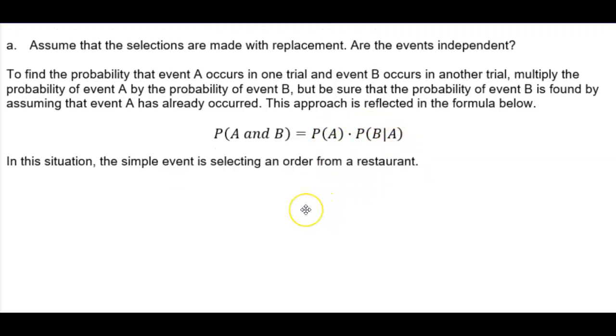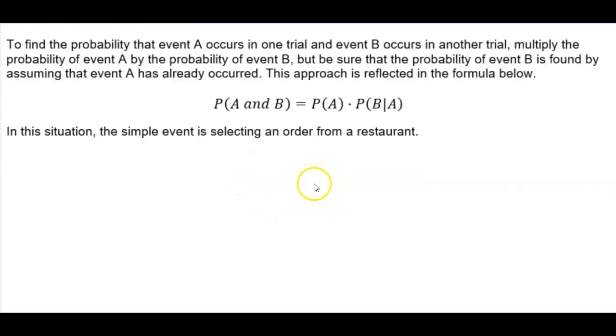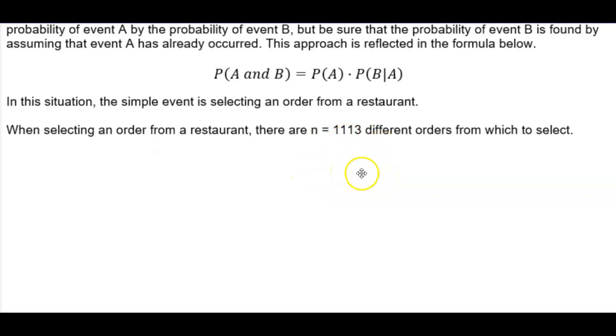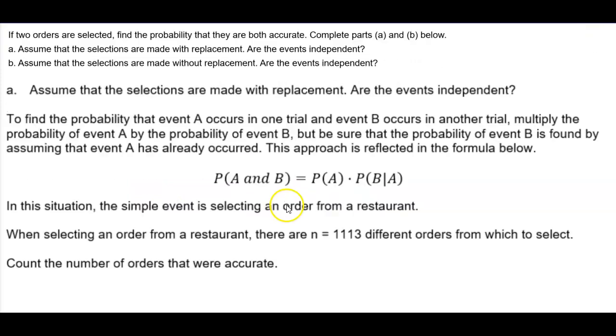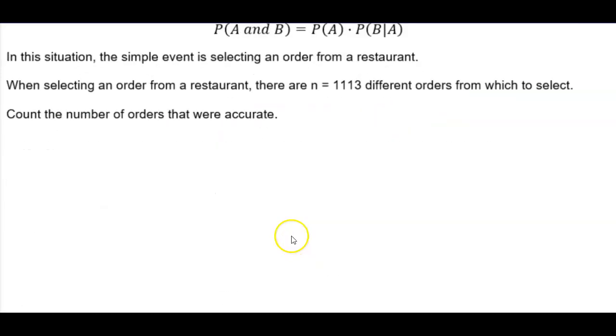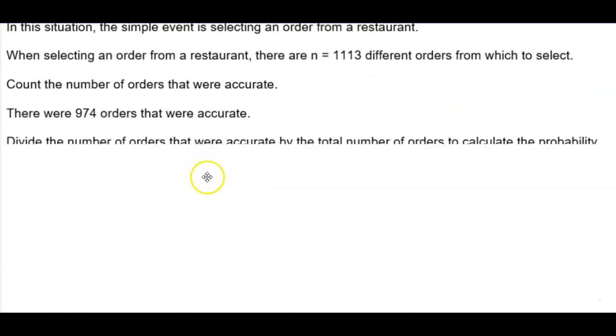Now, in this situation, the simple event is selecting an order from a restaurant. So when selecting an order from a restaurant, there are n equals 1,113 different orders from which to select. Now we want to count the number of orders that were accurate. So if we come back up here, we saw that the orders that were accurate were 974. So there were 974 orders that were accurate.